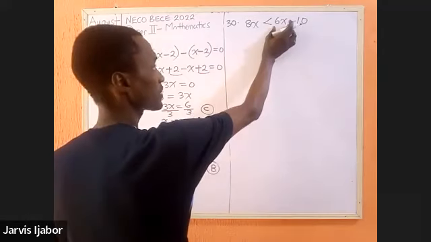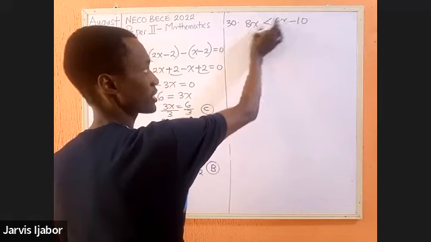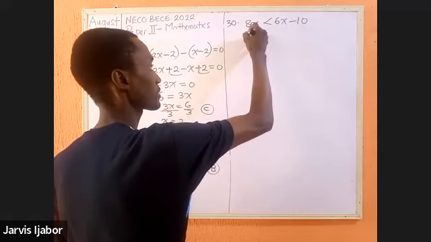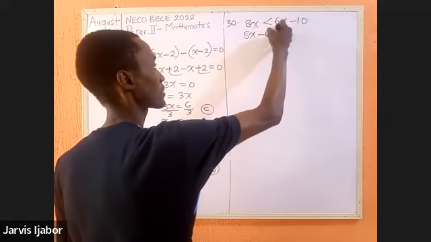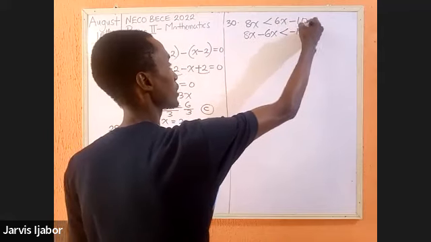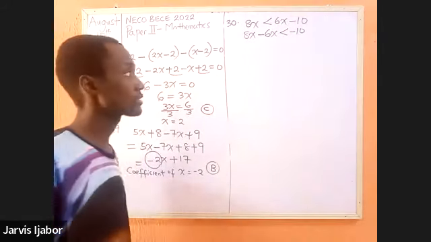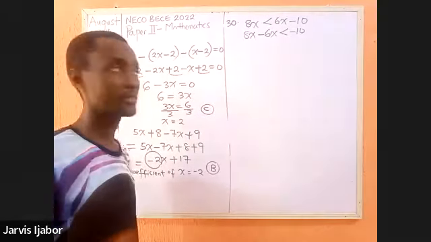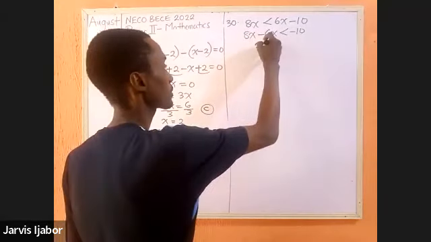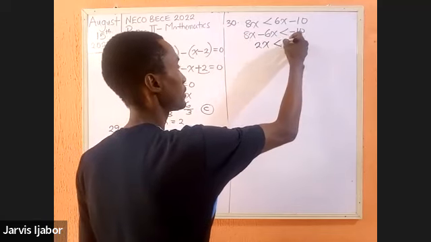So I don't need 6x here, and 8x is bigger than 6x. So I'm going to have 8x minus 6x less than negative 10. This will give me 2x less than negative 10.